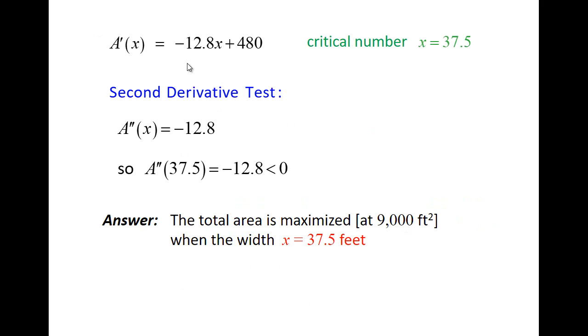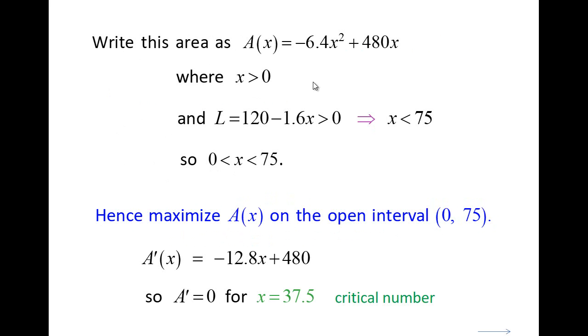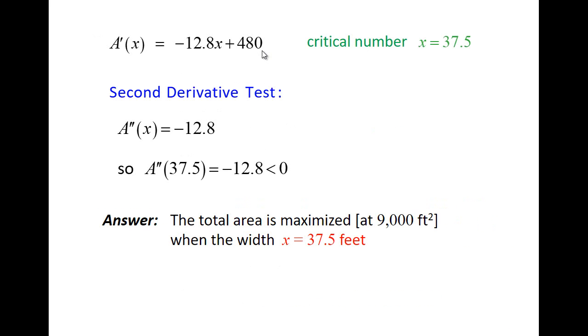Well, the formula for the area function is here, and since the maximum occurs at x equal to 37.5, we replace x by 37.5 and then calculate A, and that's going to give us the maximum area. For x equal to 37.5, the L value would be 120 minus this, which is 60, and if we pick x and L in this way, then we will get the maximum area.